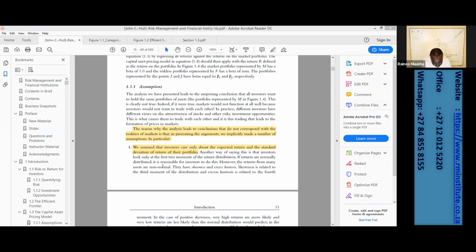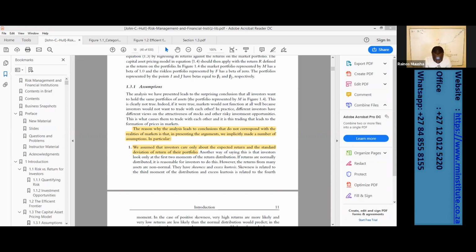The first assumption is that investors care only about the expected return and the standard deviation of their portfolio. They are not worried about the other elements that can also affect the performance of their portfolio.